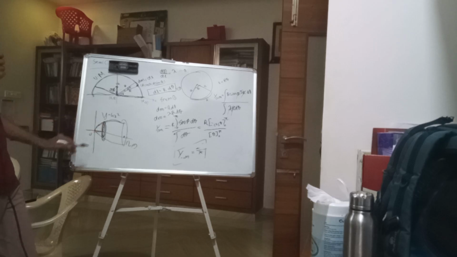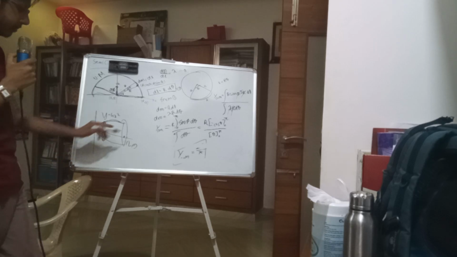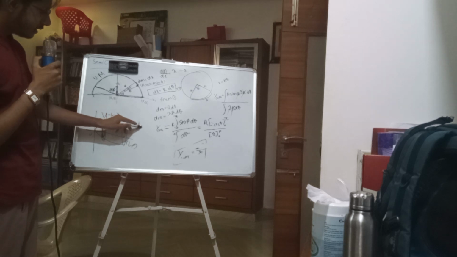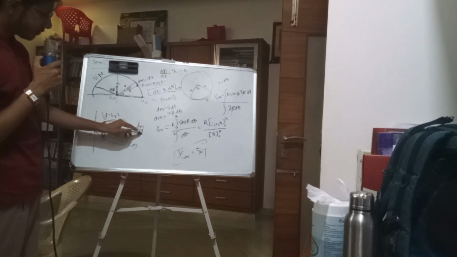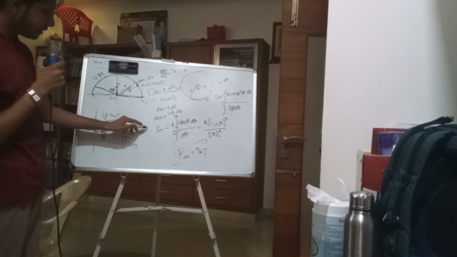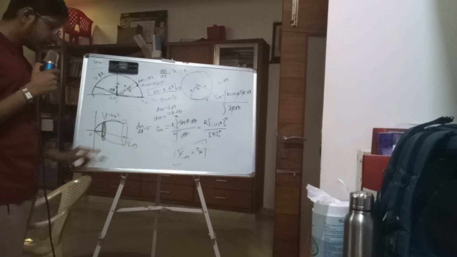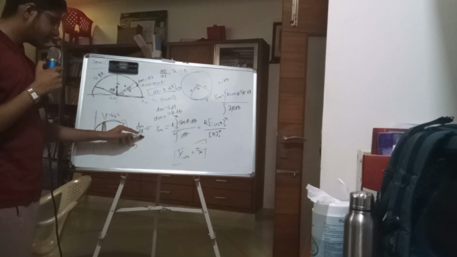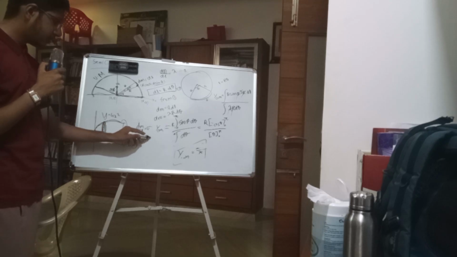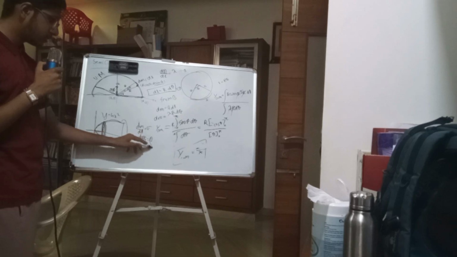What is the difference between the ring and a disc? The ring is going to give dm by dA, so for a ring you take the density sigma. For volume, you will take dm by dV. That's the difference. There we take rho.